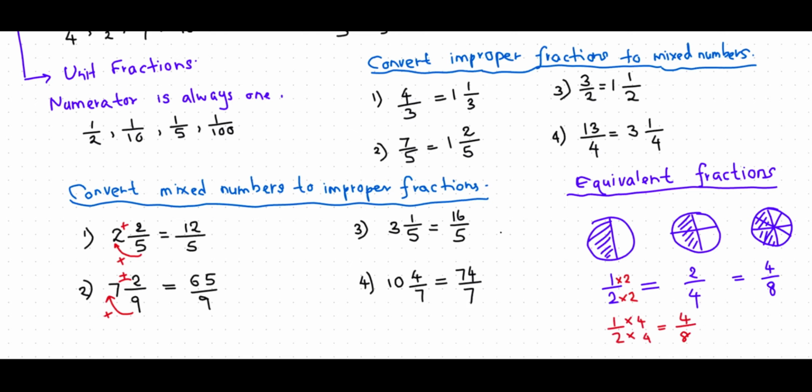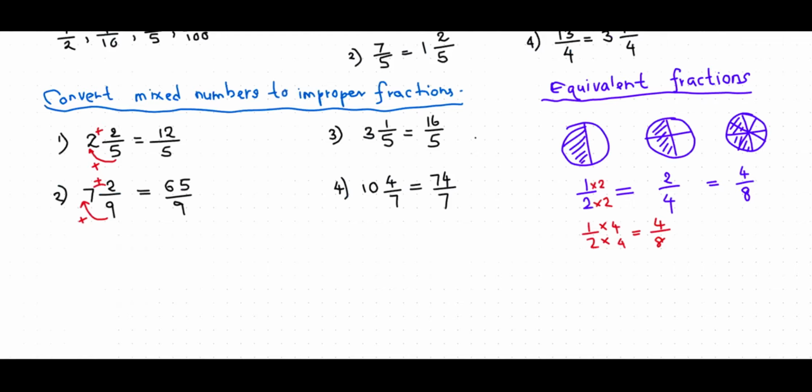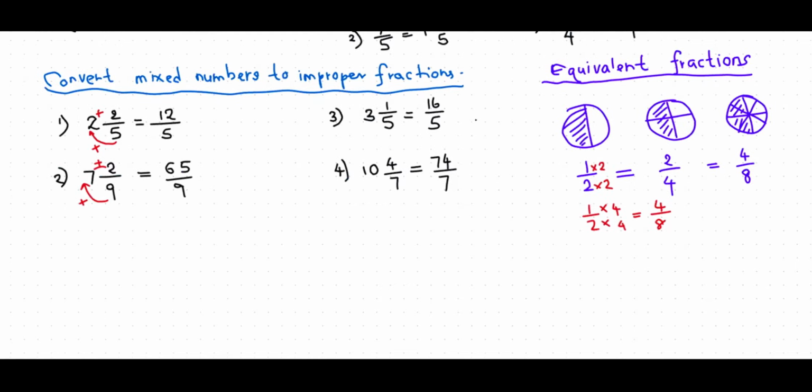We'll write a few equivalent fractions. 3 over 7. Write two equivalent fractions for 3 over 7. You can multiply by any positive number. Multiply numerator and denominator both by the same number. Unmute and talk.